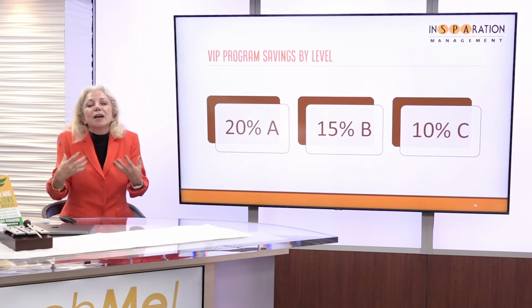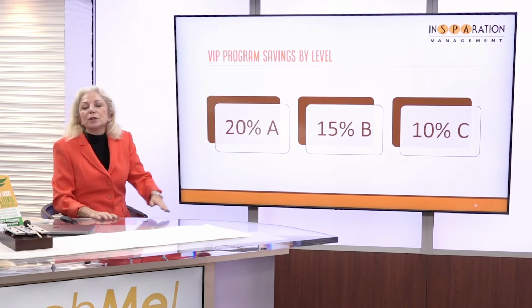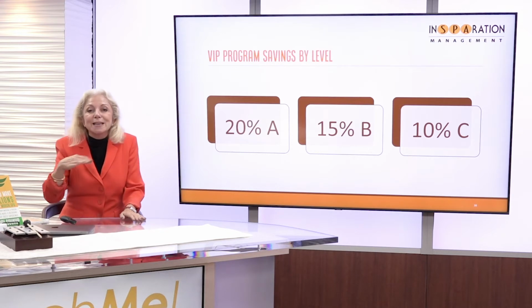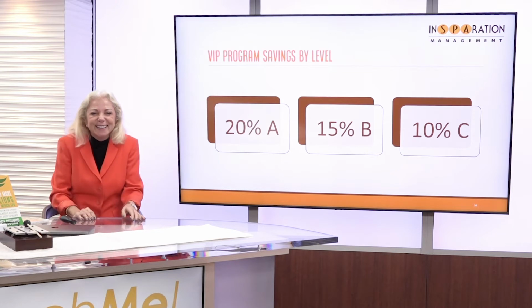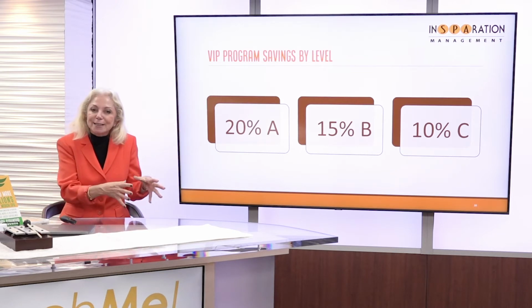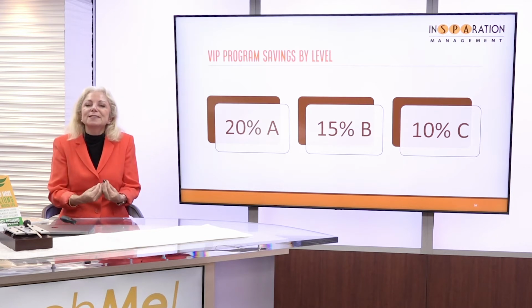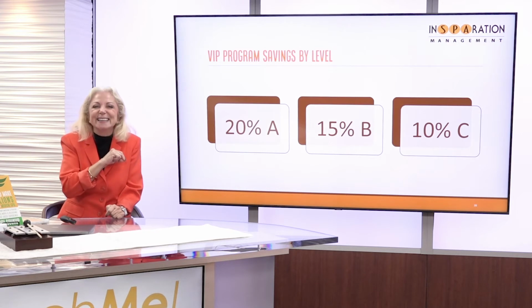So there's a lot that goes into setting up the membership model, because if you're going to give 20% off and you're already not making any profit, now you just dug yourself a deeper hole. So you have to be smart about this. We have to check the pricing, see how much of a discount we can give, but still be profitable, right?